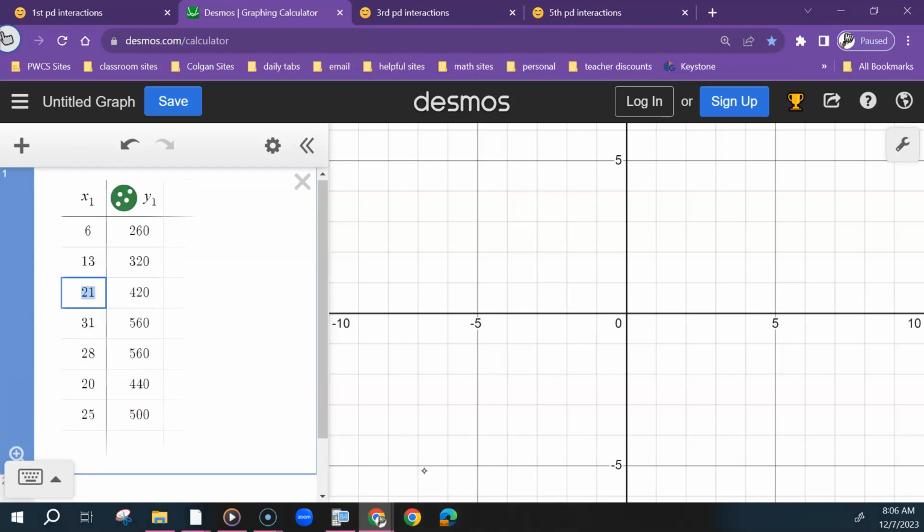So make sure you have those numbers in your table.